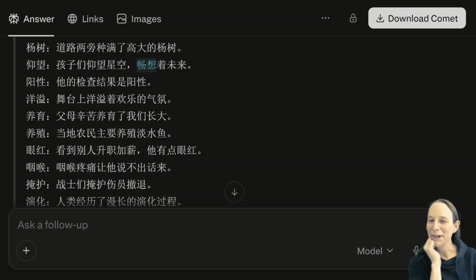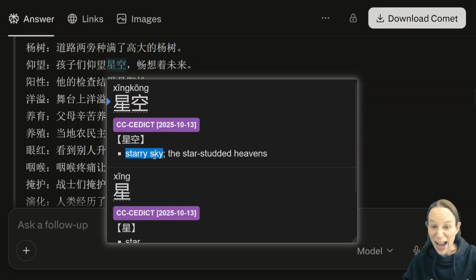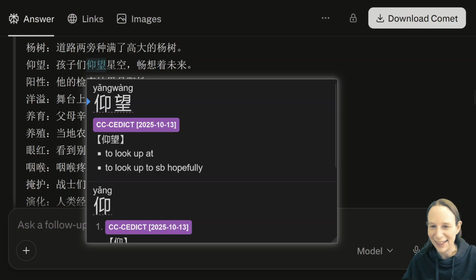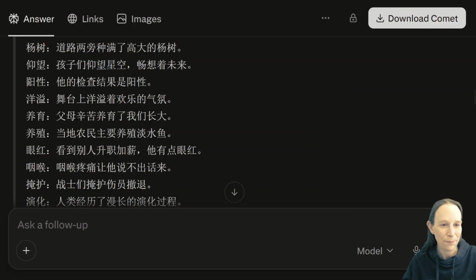I kind of like this word actually. 星空, starry sky. We're looking up at the stars in the sky.